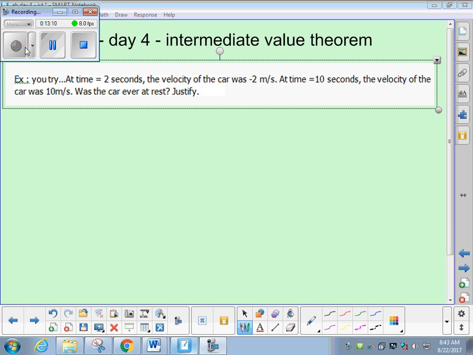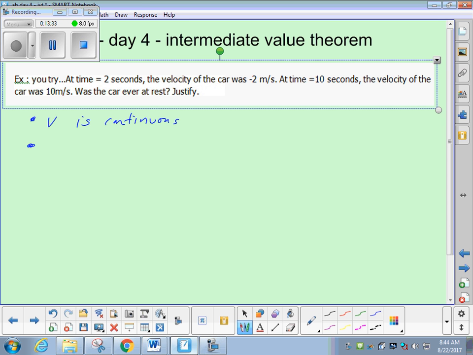Okay, ready? What do you think? All right, first of all, what's the first thing I have to do? Continuity. You have to meet the condition of continuity. Velocity is continuous. Okay? Next, the betweenness component.